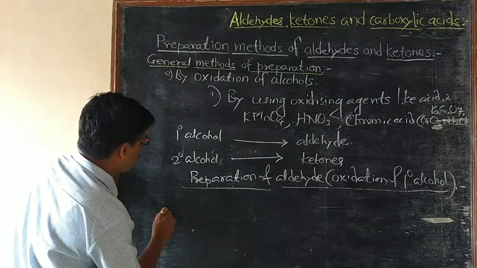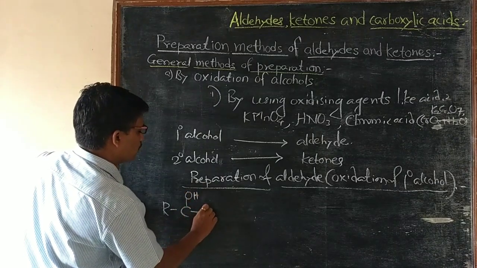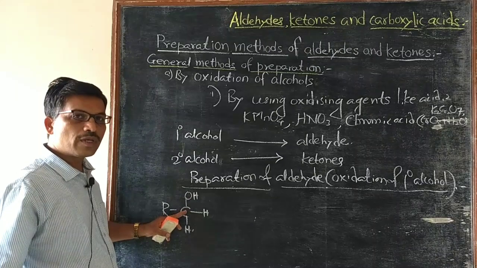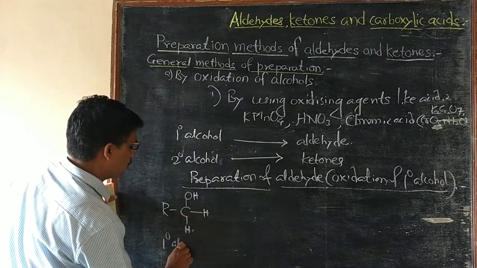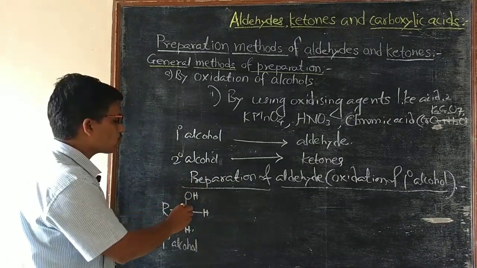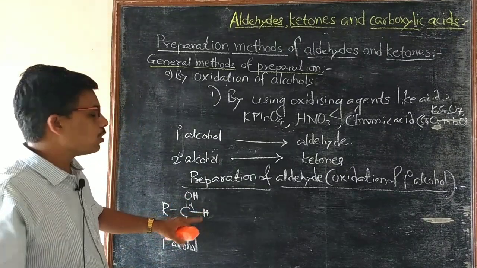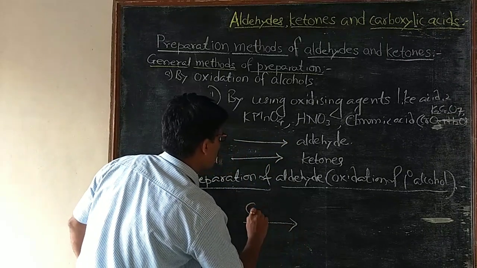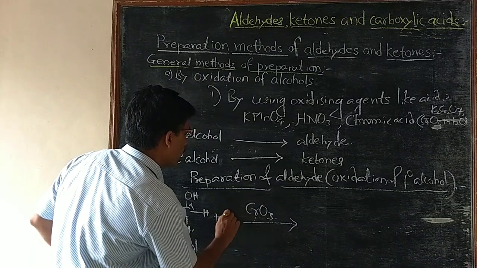That is, we can write: OH group attached to primary carbon atom is primary alcohol, and the carbon atom attached to OH is called alpha carbon. A primary alcohol on oxidation by using chromic acid gives nascent oxygen.